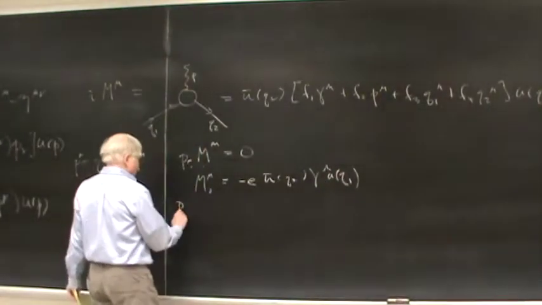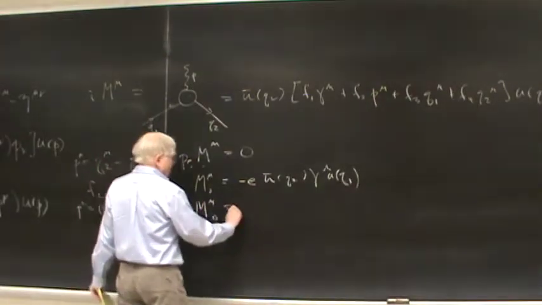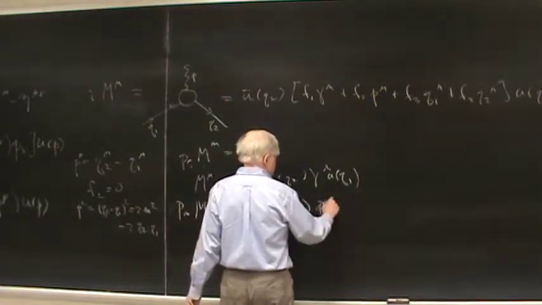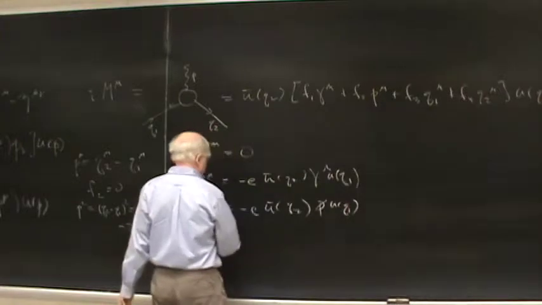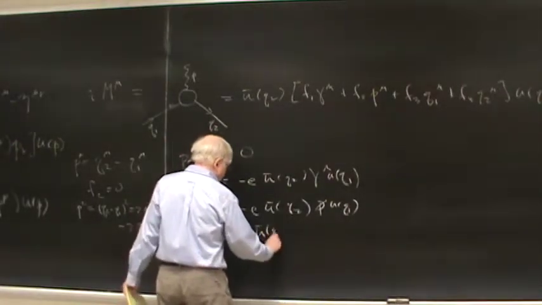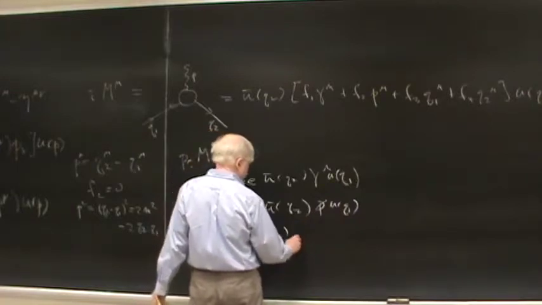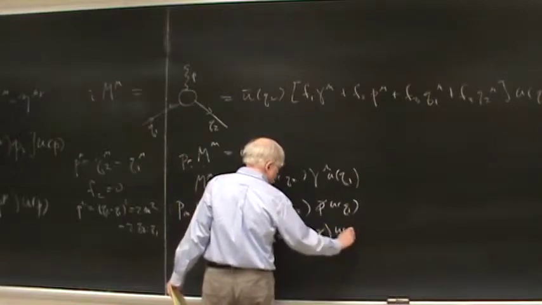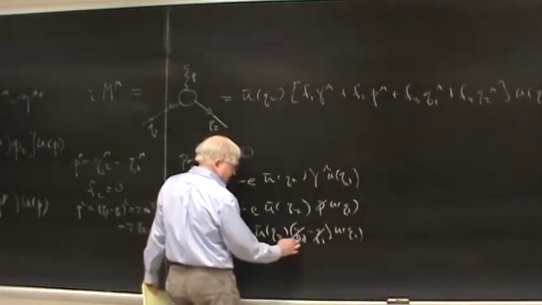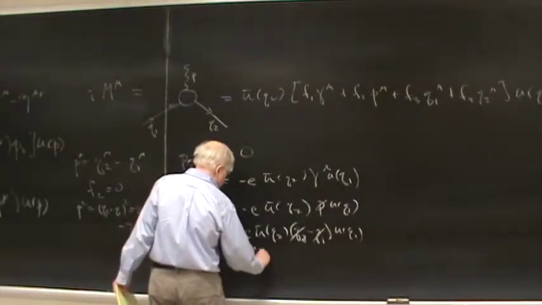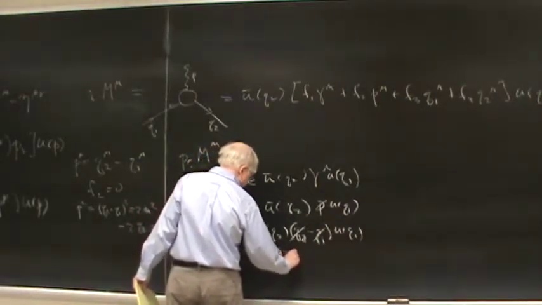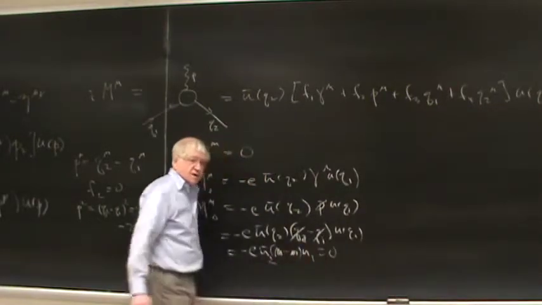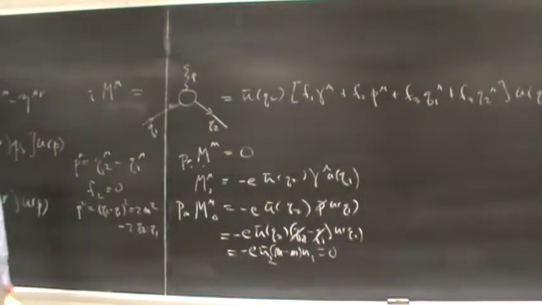So if you do p_μ M0^μ, what you get is −e ū(q2) p-slash u(q1), but p is q2 minus q1, so this is q2-slash minus q1-slash acting on u(q1). On the other hand, this gives you m, that gives you m, so this is −e ū(q2)(m − m)u(q1) equals 0. Okay, so we verify the Ward identity at lowest order.